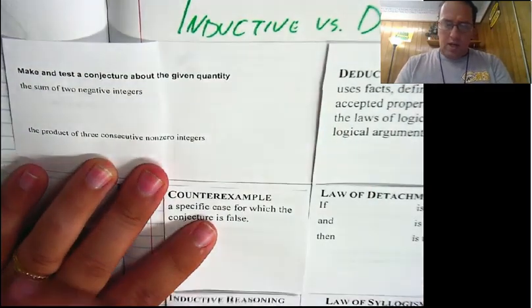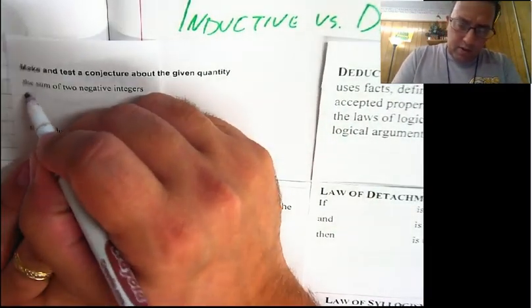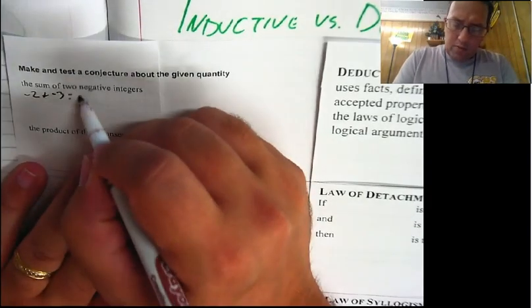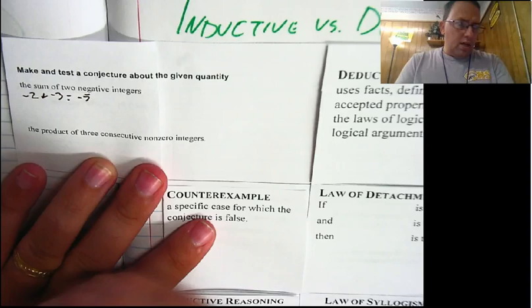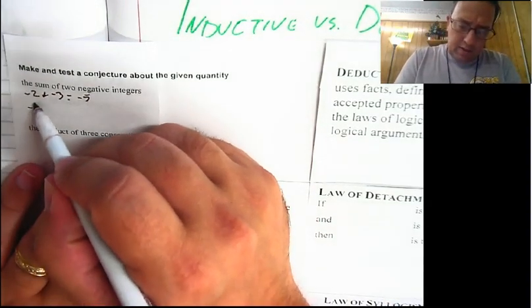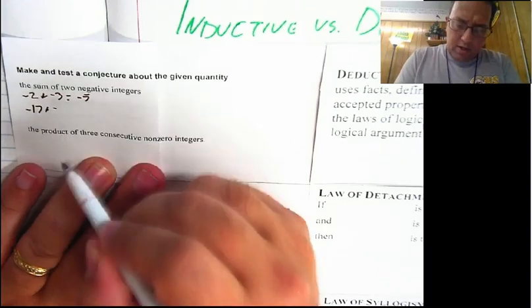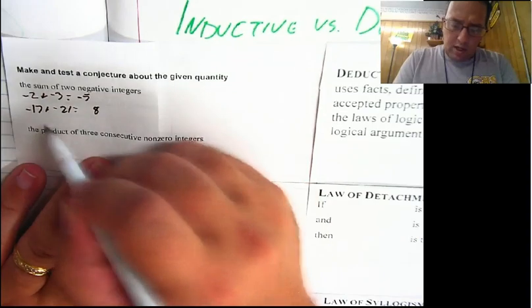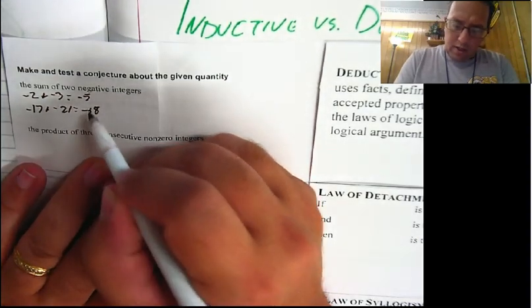So really quickly, we are going to make a conjecture about the sum of 2 negative integers. So let's just pick some negative integers. How about -2 plus -3, and we end up with -5. Let's pick some other ones. Let's say -17 plus -21. 1 plus 7 is 8, and so that would be -38.